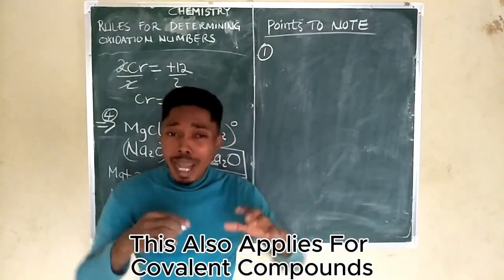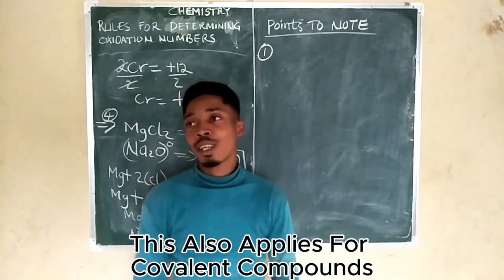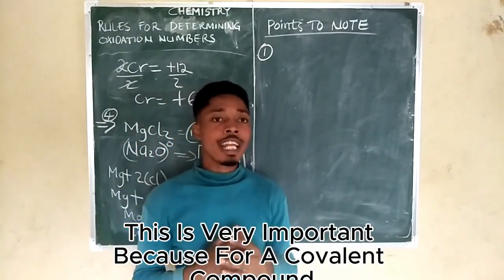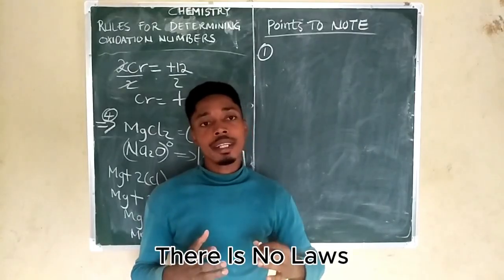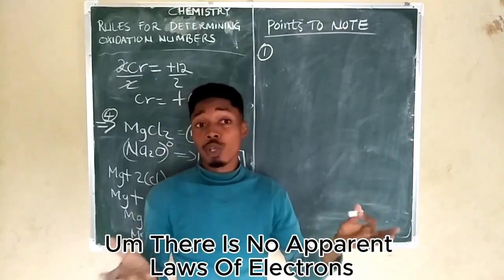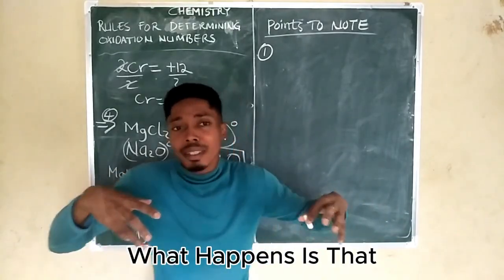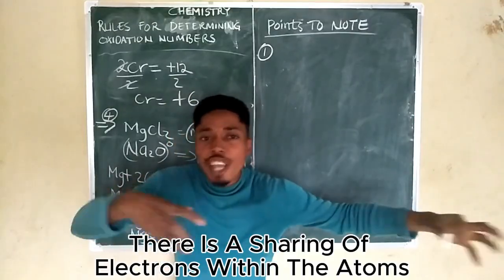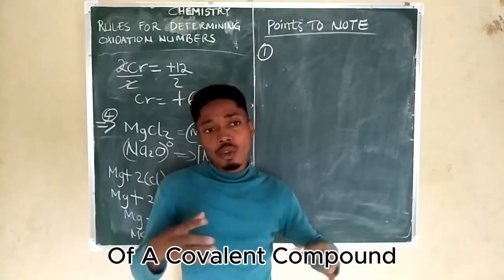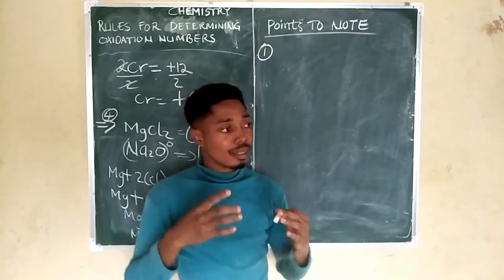This also applies for covalent compounds. This is very important because for a covalent compound, there is no apparent gain of electrons. What happens is that there is a sharing of electrons within the atoms of a covalent compound.